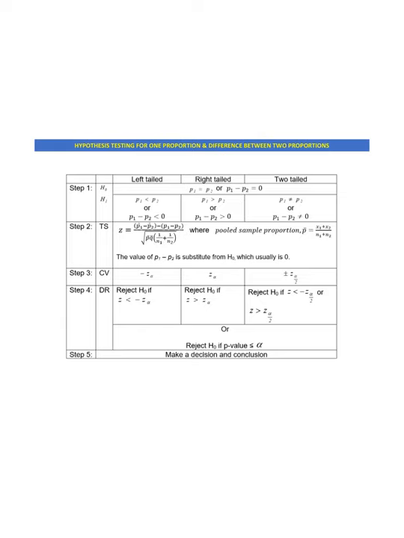For the two tail, reject H naught if Z is less than negative Z alpha over 2 or Z is greater than Z alpha over 2. Other than that, you can also use the p-value approach. After calculating the Z value, find the p-value for the Z. And lastly, make a decision and conclusion.